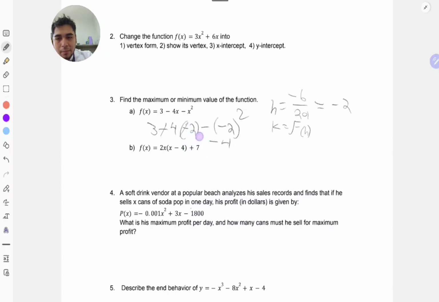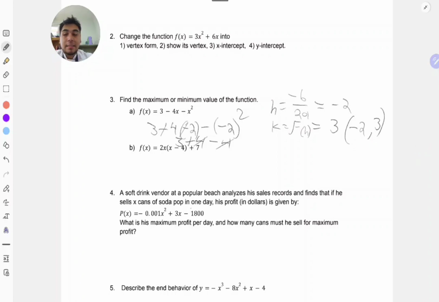We're left with 4 plus 3, right? And now we can see that 4 minus 4 cancels, goes to 0, and we're just left with f of h as equal to 3. So that's k. k is equal to 3. So there we go. We have found out what the maximum or minimum value of this function is. We know that it is negative 2, comma 3. All right.